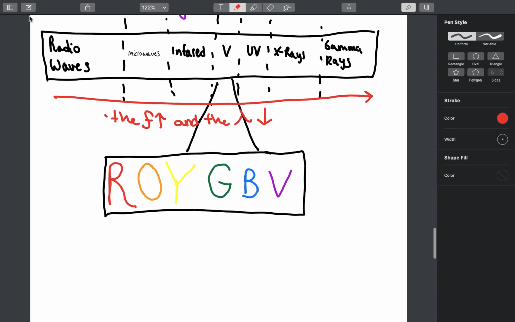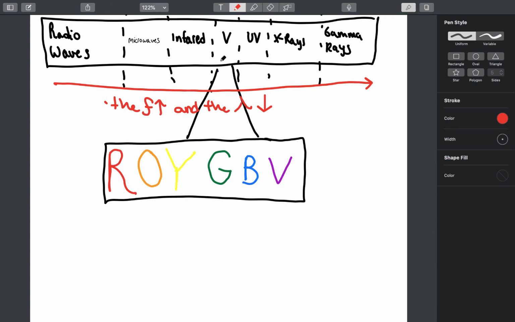And now this also applies to the visible region of light. Now, believe it or not, as humans we cannot see a lot of the light that is present in our universe. We can only see this small portion of light, which extends from around the mid 400 nanometer region to around the 750 nanometer region. So hence violet to red.